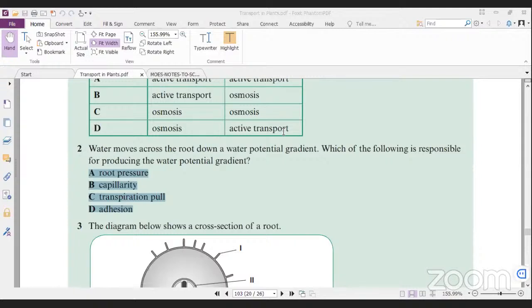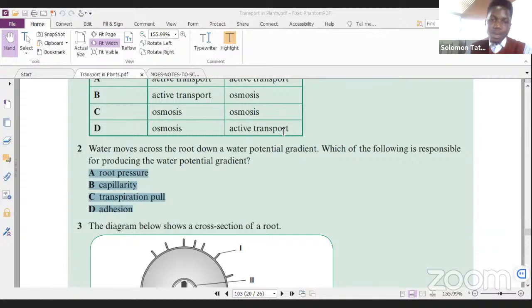Okay, very good. Water is lost by transpiration. That creates what we call the transpiration pull, which results in a water potential gradient. That's good. Okay.